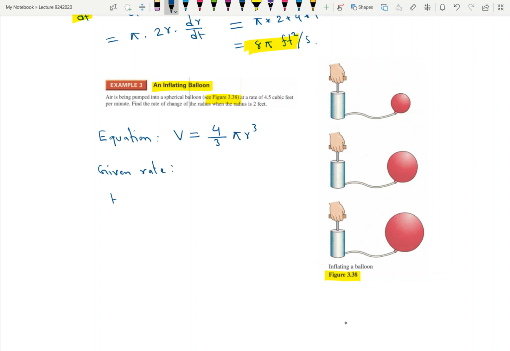The given rate is that air is pumped into the spherical balloon at a rate of 4.5 cubic feet per minute.